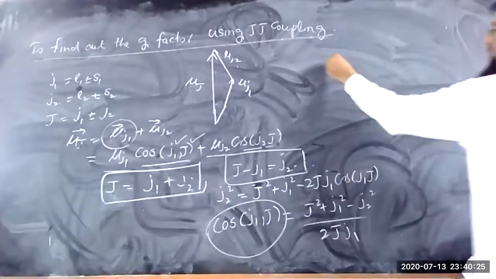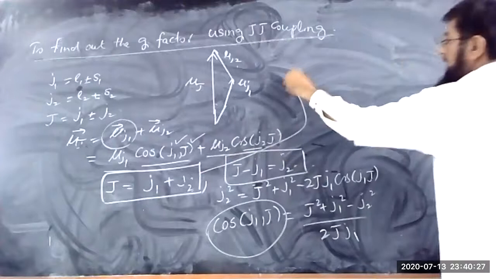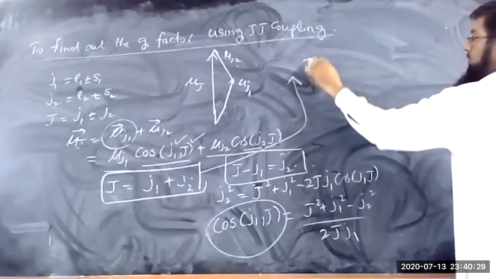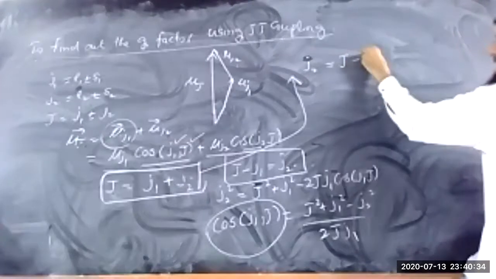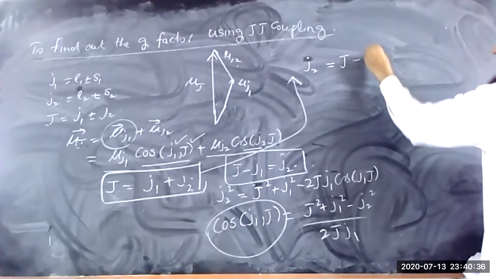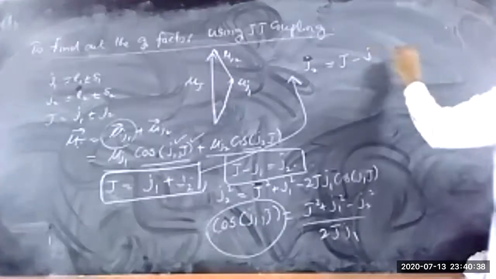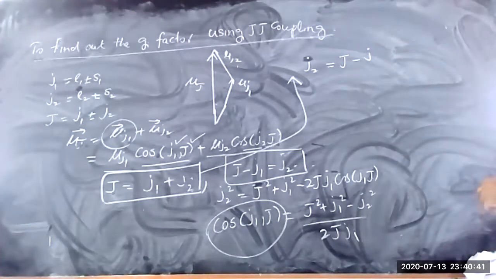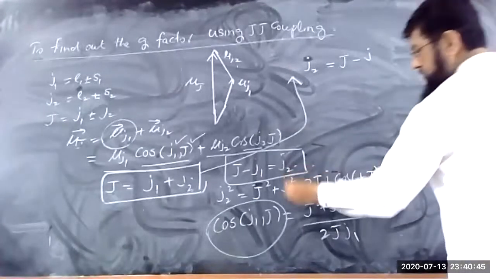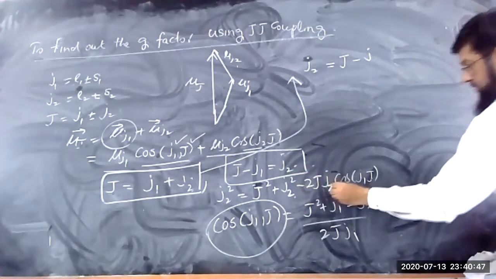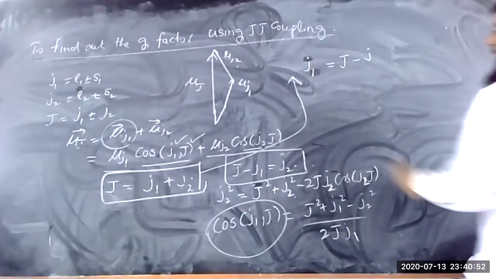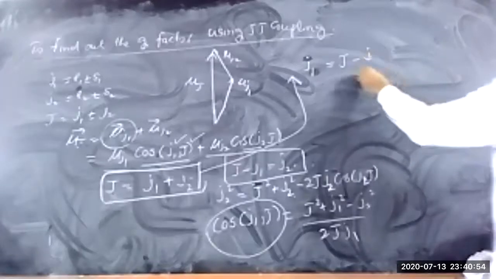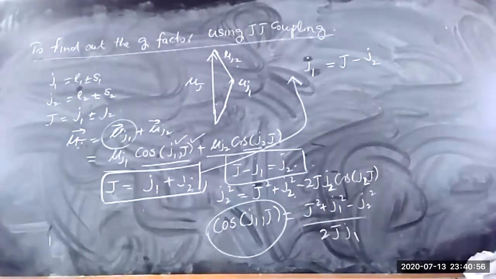Therefore, from this equation, j2 is equal to j minus j1. This is j2, this is j2. So here we have j1 which is equal to j minus j2.